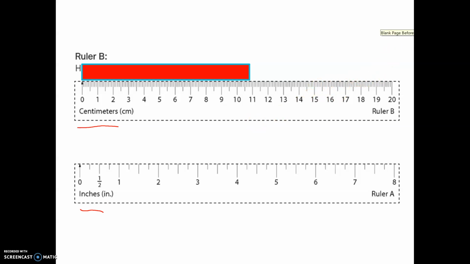You hear me say about, okay? It's not exact, but it's close. So when we're measuring with these paper rulers, we want to know about how long something is.